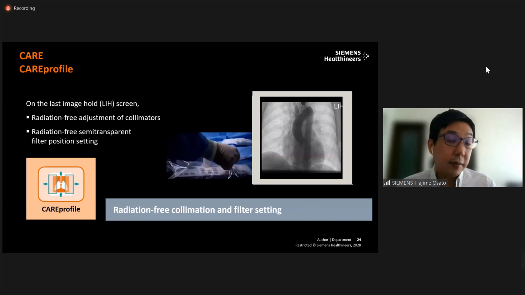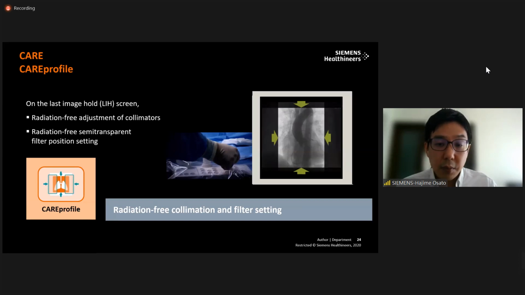Next one is CARE Profile. It is available on the last image hold screen. Last image hold means the last frame shown on the live monitor when stopped and exposed. It is available for collimation and filter setting. Collimation is important to reduce dose area product.